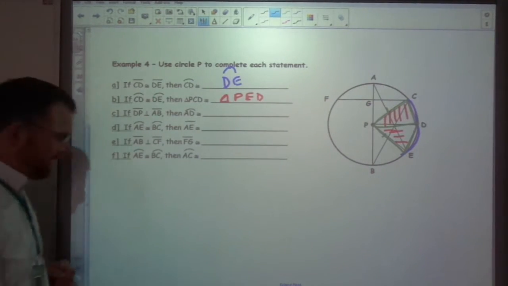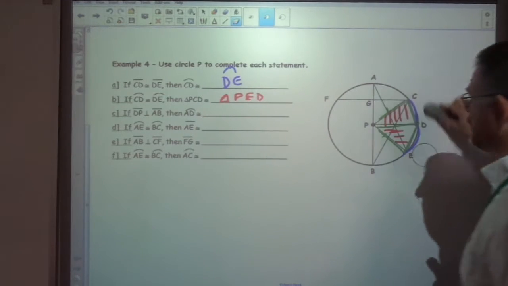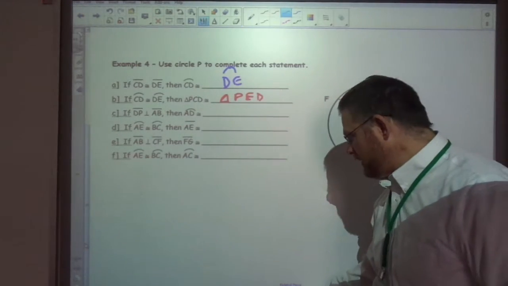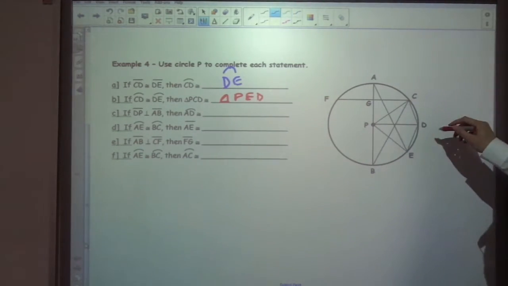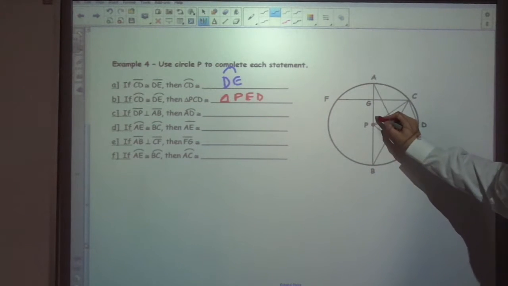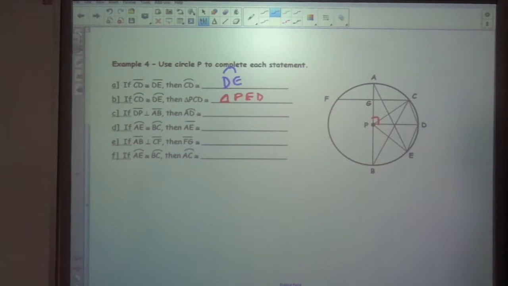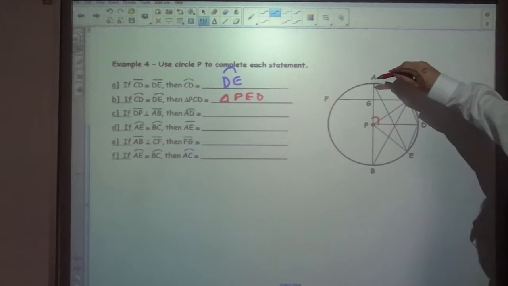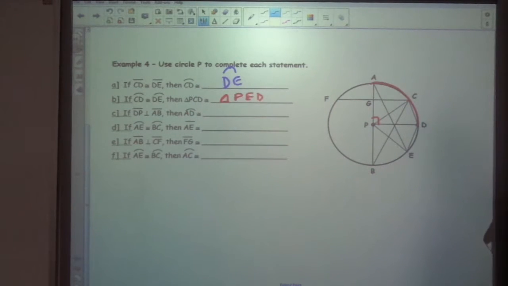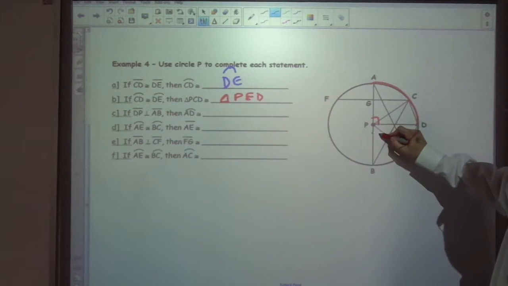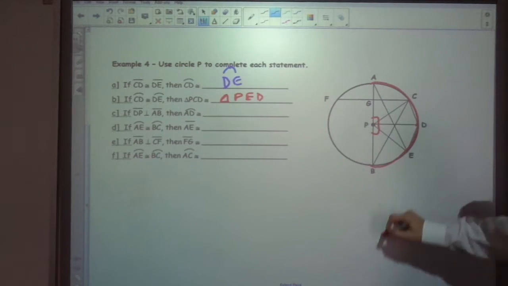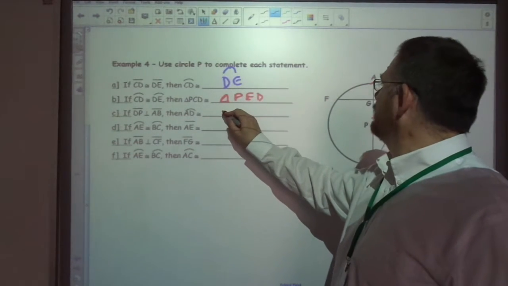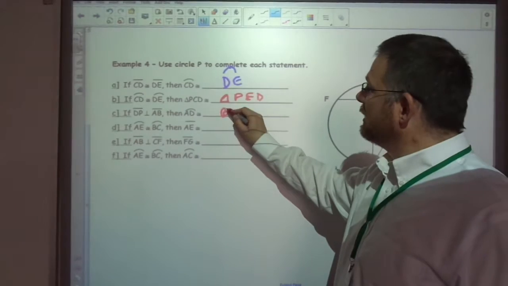The next one says if DP is perpendicular to AB. So let's draw that in here. DP and here's AB. If that's perpendicular, then arc AD would have to equal arc what? Well, if that's 90, this is 90, so that would have to equal this. They would both have to be 90. So that is arc BD.